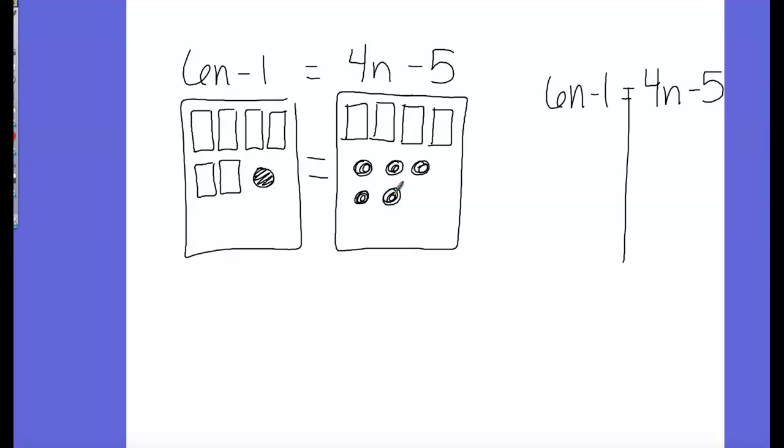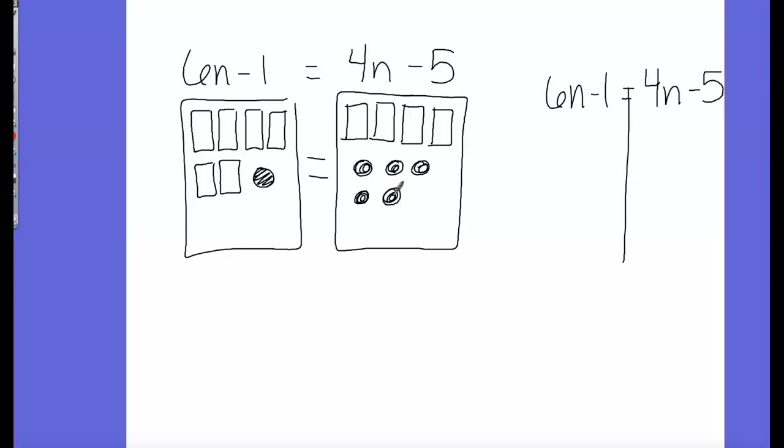Okay, so now do we have like X's on one side and the numbers on the other side? No, we don't, because we have X's on both sides and we have numbers on both sides. So you can choose which one you want to move first, and you can choose which side you want to move it to.